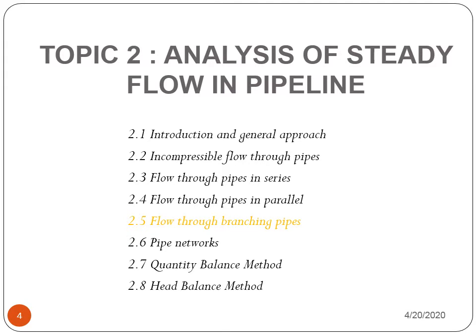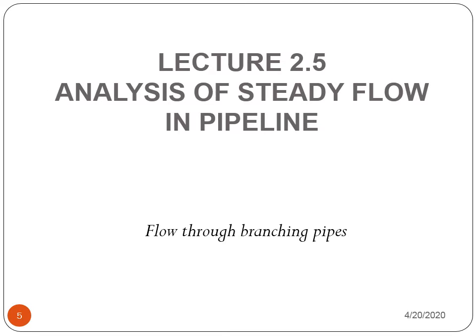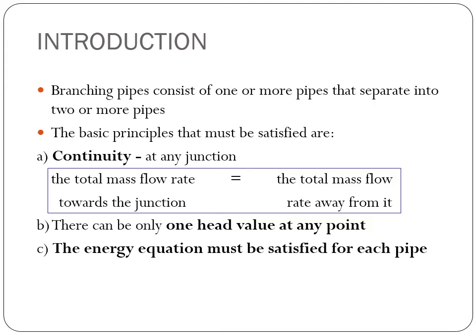We go to 2.5, flow through branching pipes. For this case, we will use equations to solve the questions. As an introduction, branching pipes consist of one or more pipes that separate into two or more pipes.